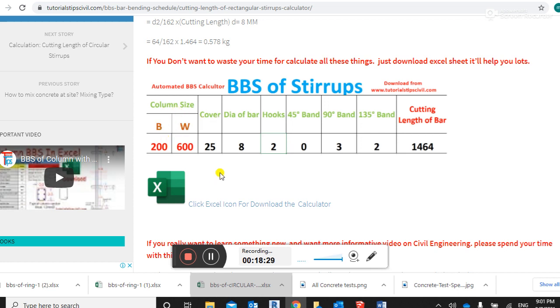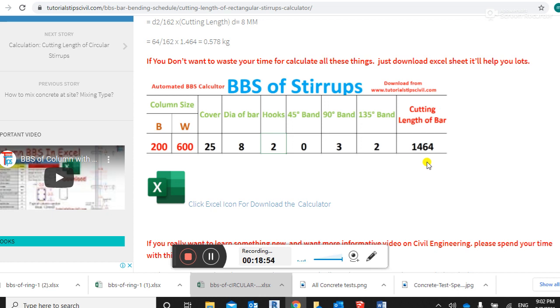Column size, guys, B is 200 and W is 600. Clear cover is 25. Diameter of bar is 8. Number of hooks is 2. 45-degree bend is 0, 90-degree bend is 3, and 135 is 2. Cutting length after calculation is 1464.